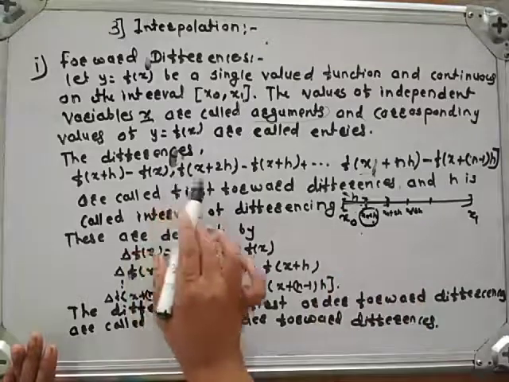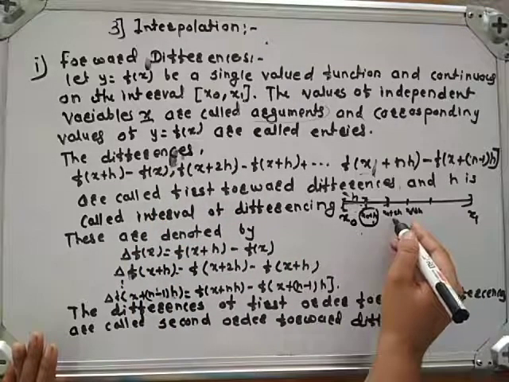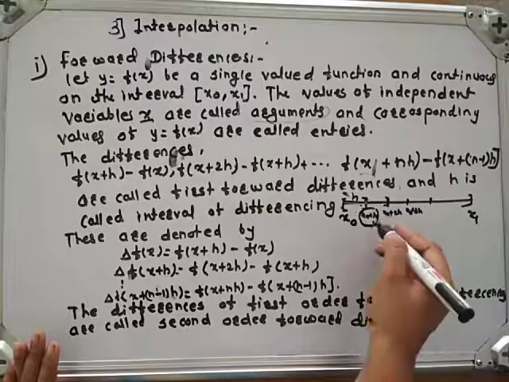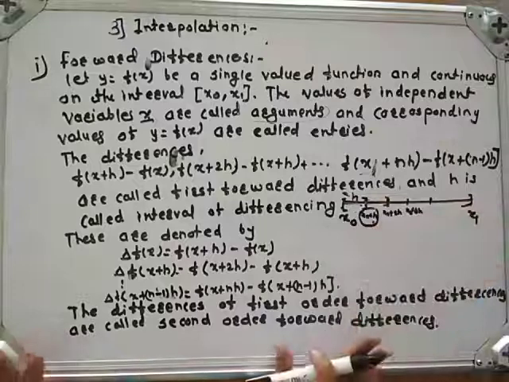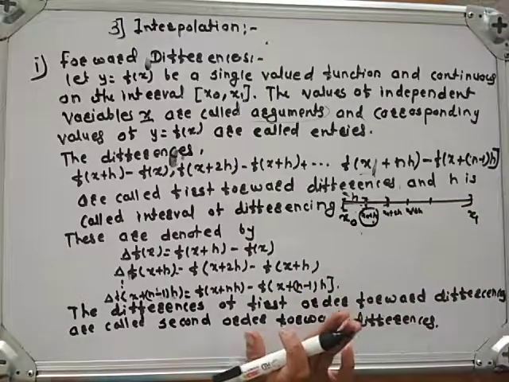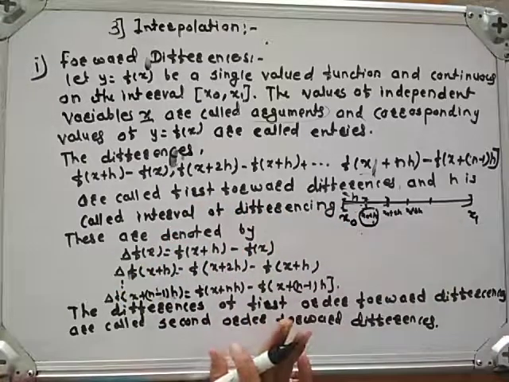Next, the value of the function at point x0 plus 2h minus the value of the function at point x0 plus h, and so on. This is the first forward differences.